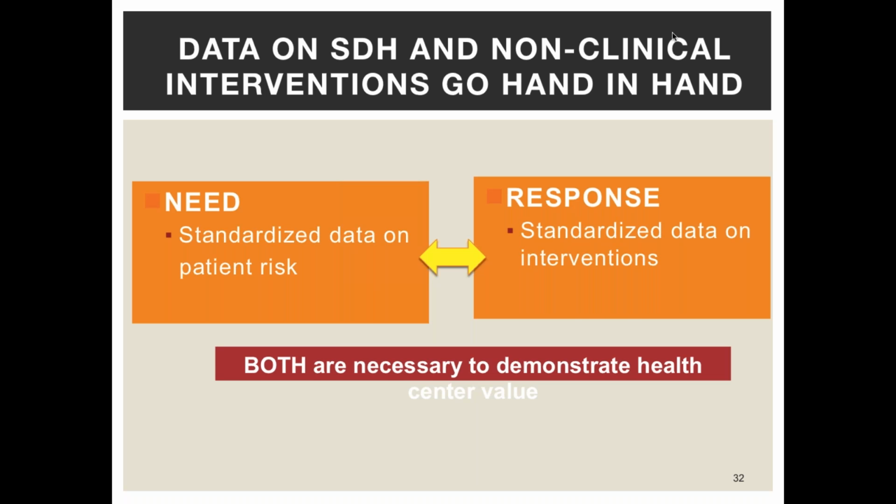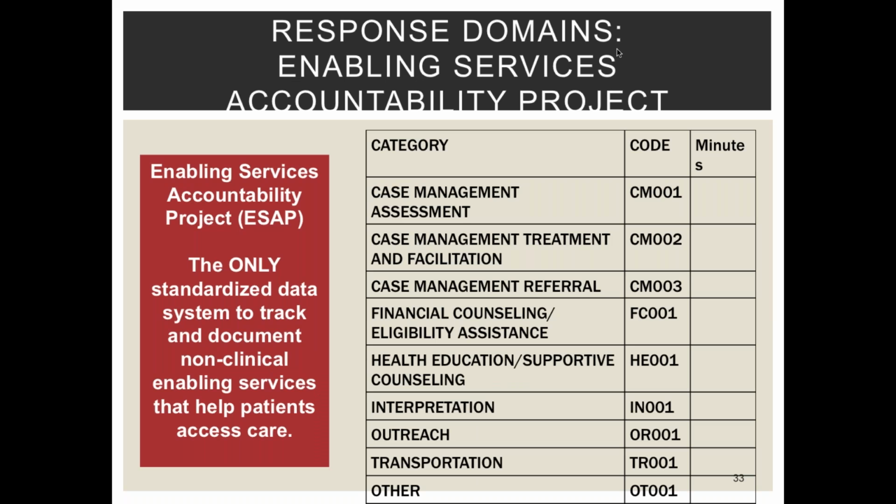So next slide, please. These are the categories or domains of responses that we have captured in a standardized form, so the health center can document, okay, I have identified with this patient that transportation is the key barrier for them.